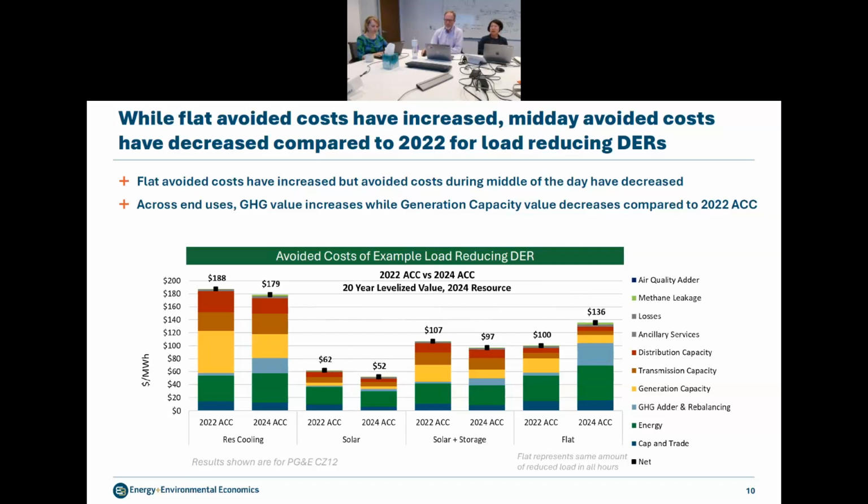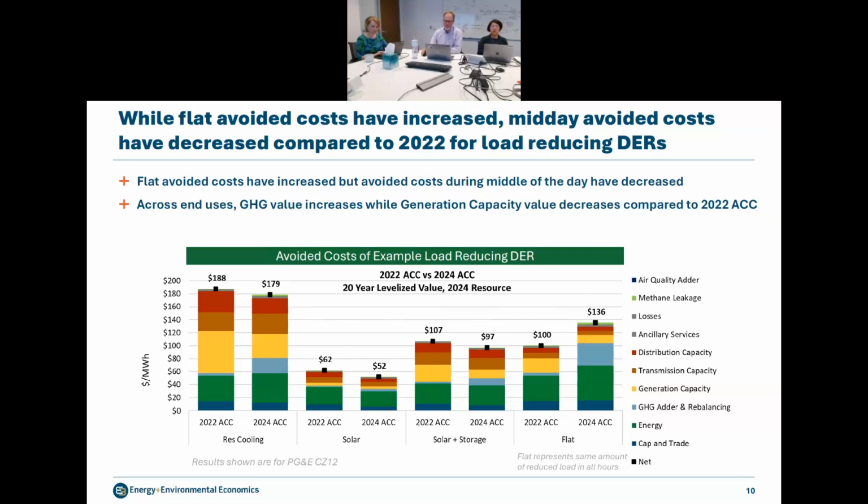The key takeaway here is that the flat avoided costs have increased, mainly because of the energy and GHG avoided costs. However, the avoided costs during the middle of the day have decreased. And that's why we see that for residential cooling, solar and solar storage, the avoided costs are slightly lower compared to the 2022 ACC.